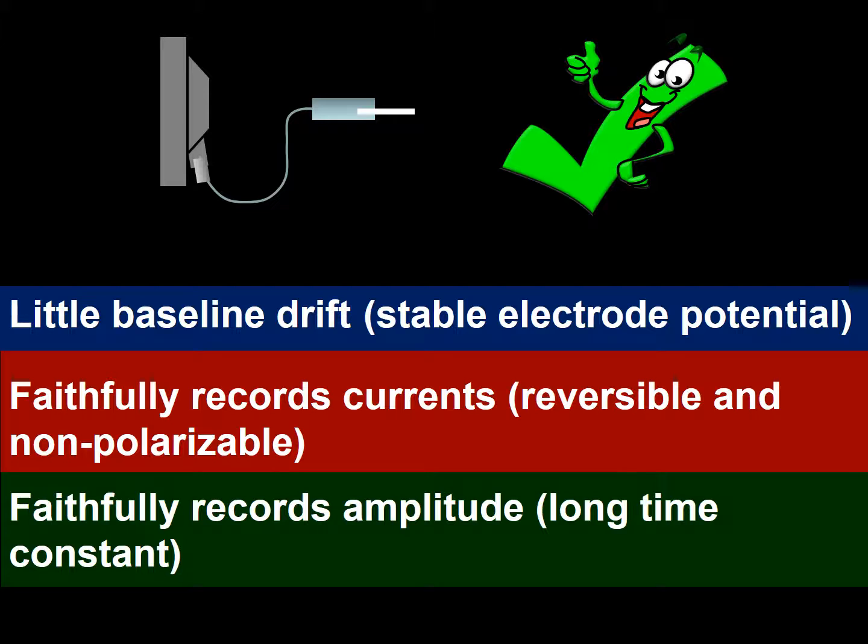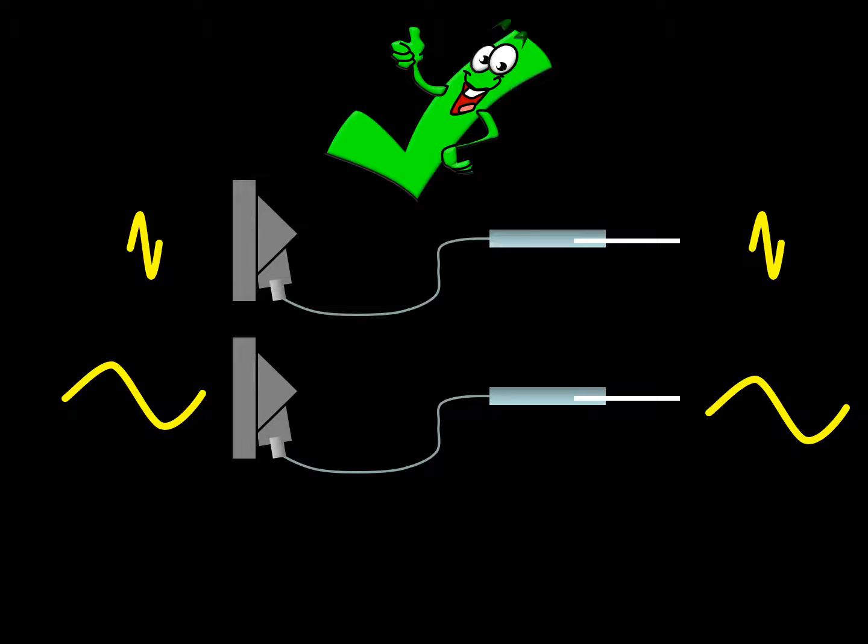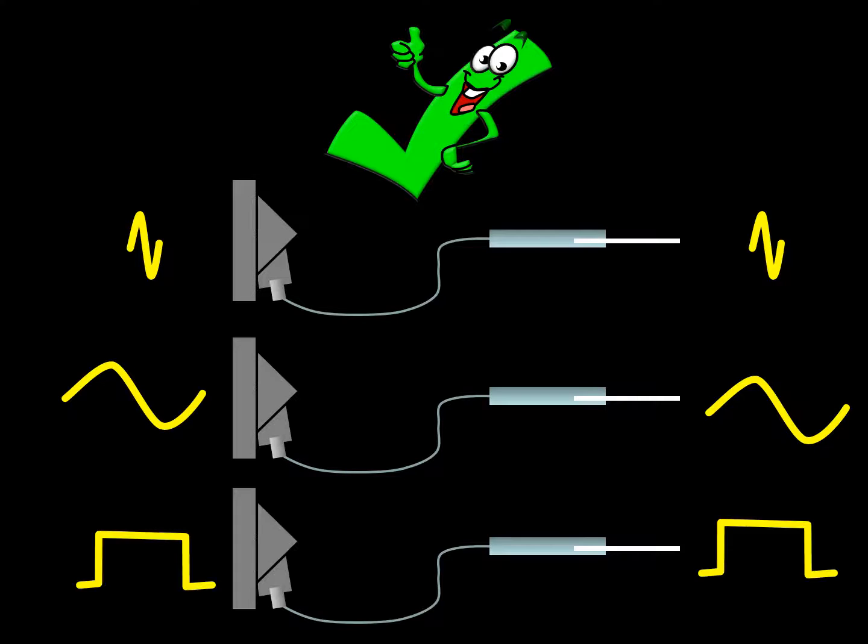They faithfully record amplitudes thanks to having a long time constant. It is these qualities that allow the good surface EEG electrode to transmit fast frequency waves, slow frequency waves, and square waves with high fidelity.